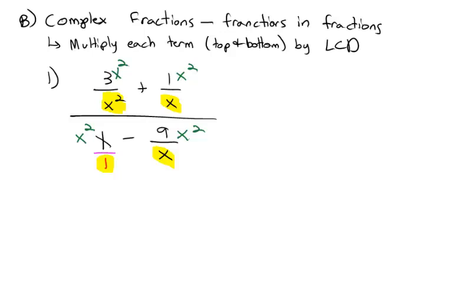Because when I do that, x squared will go out with x squared. A single x goes out with a single x, leaving behind one x. In the denominator, again, a single x goes out with a single x, and so what's going to be left is 3 plus x, 1 times x is x, over x squared times x is x cubed, minus 9x.